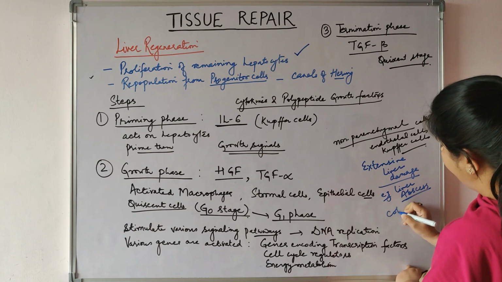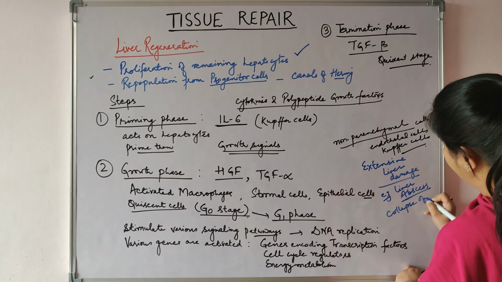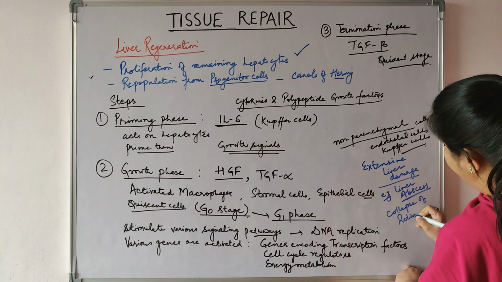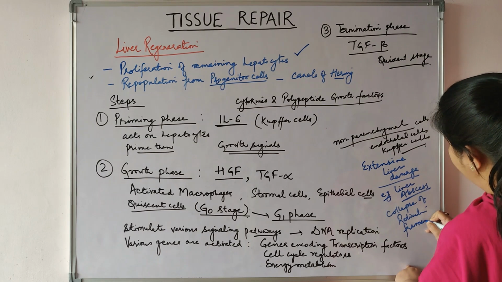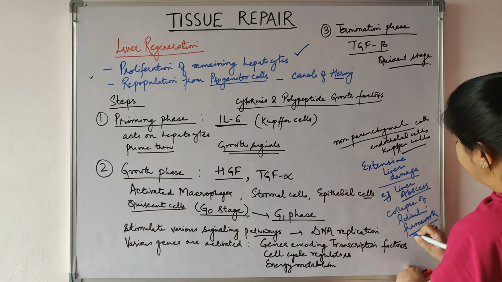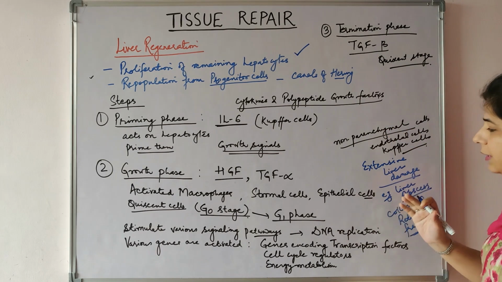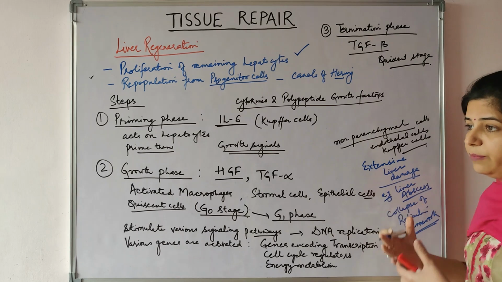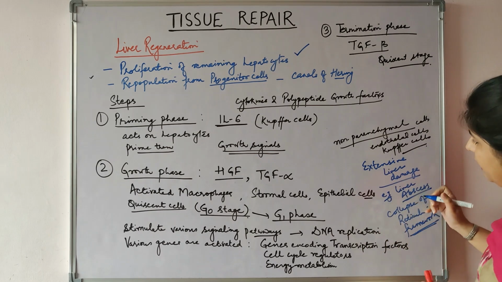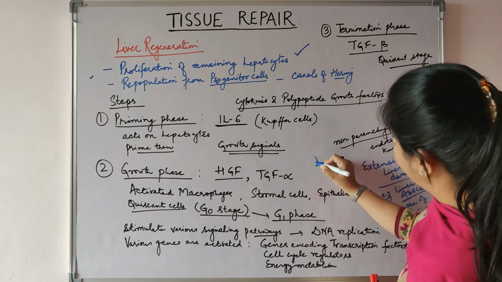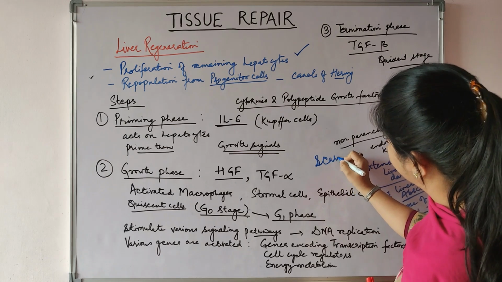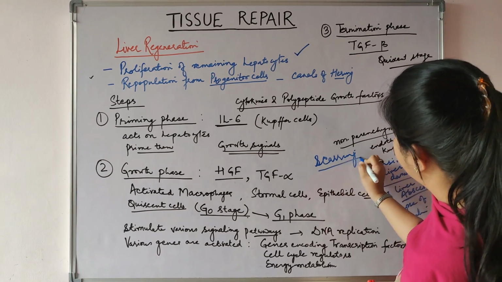In liver abscess, there is collapse of the reticulin framework. In this case, repair by regeneration cannot occur. Here, healing or repair will occur by scarring.